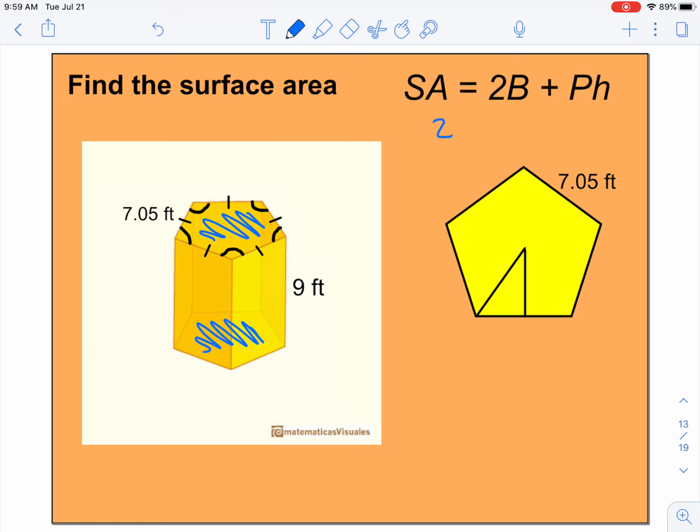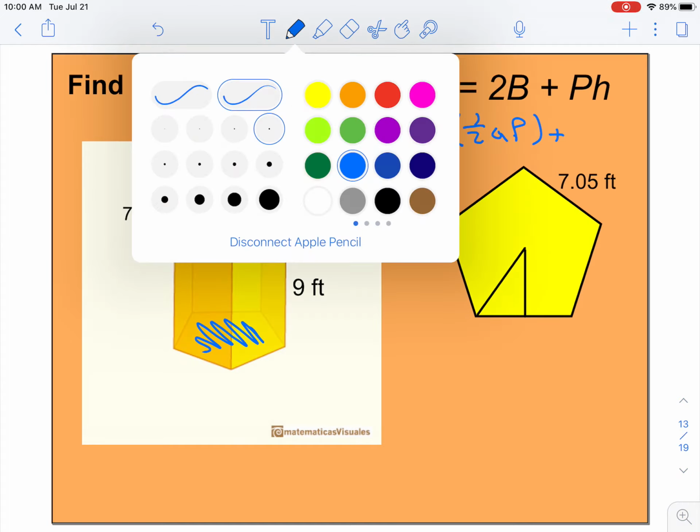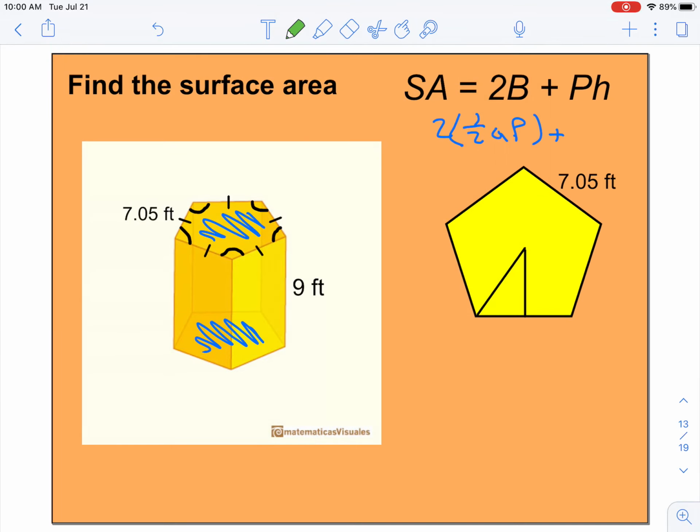So for that base, I'm going to have to use 1/2 the apothem times the perimeter. Okay, then I'm going to add to that the perimeter of the base, which I can already find, 7.05 times 5 sides, and then I can multiply it by the height right here, which is 9.